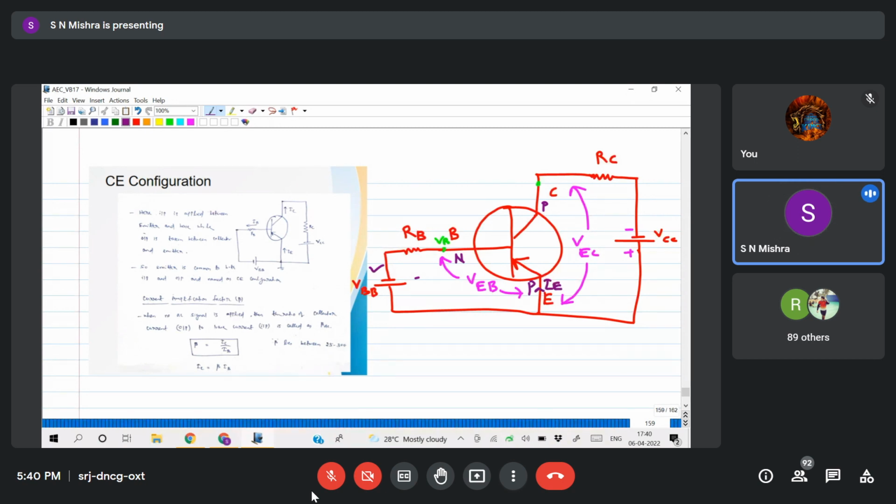IE entering means IB will be outgoing and IC will be outgoing. So here I'll take the output and here I'll take the input. What is my output current and what is my input current? Output side, what is my current?